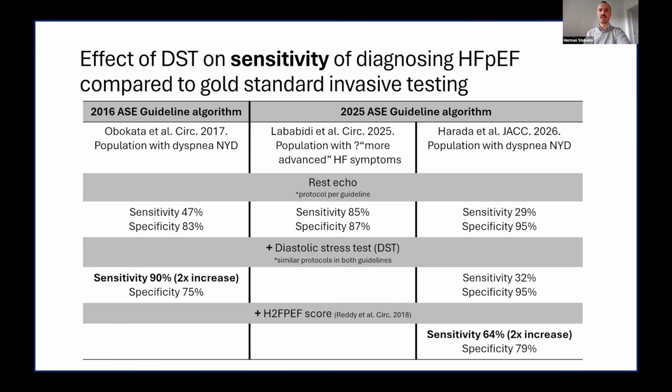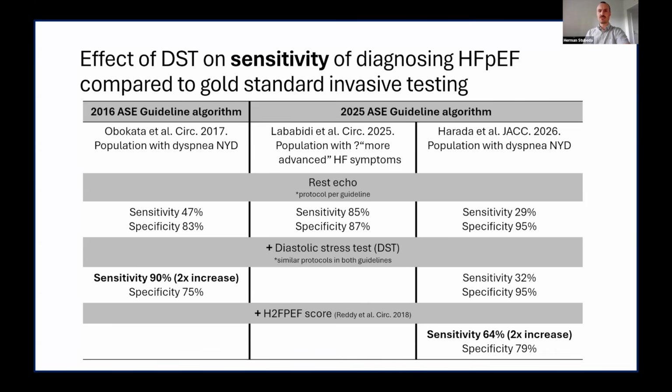And so adding a resting diastolic echo further increased the sensitivity and specificity of the results. Because the most recent study evaluating that same population using the 2025 algorithm, by Harada, published in JACC in 2026, just earlier this year, showed quite starkly different test results.